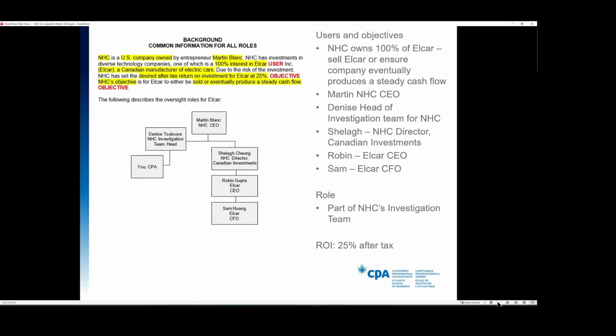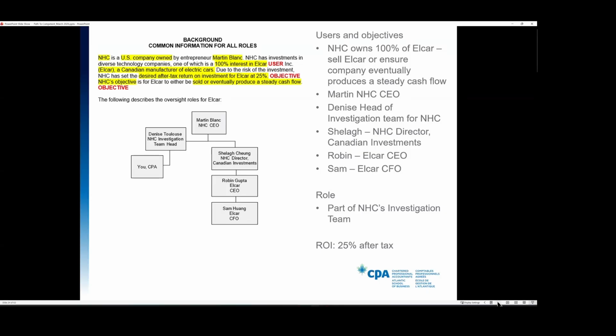They are either going to sell Elgar or they want to ensure the company eventually produces a steady cash flow. There's several members that are identified from NHC and also from Elgar itself. And your role, that was under your performance management requirements, is that you're part of the NHC investigation team.